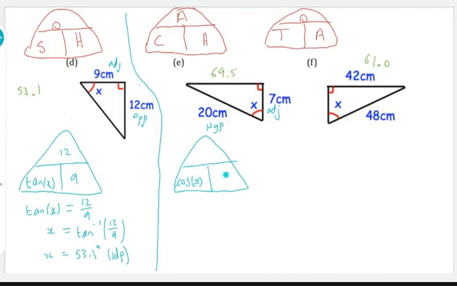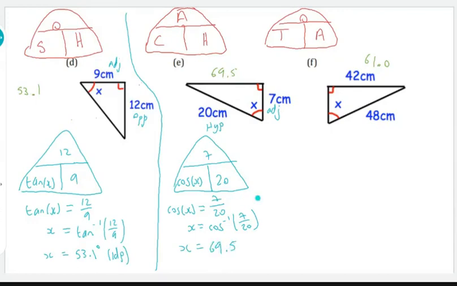And then that's going to be 20 at the bottom and then 7 at the top. So we have cos of x equals 7 over 20. And then therefore x is equal to inverse cos of 7 over 20, which is 69.5.